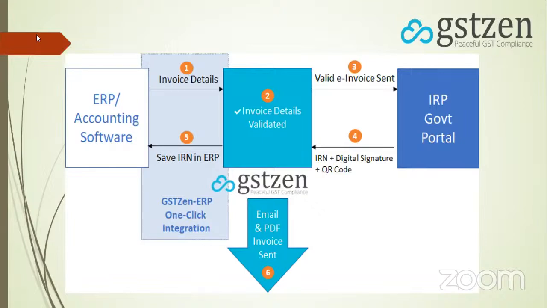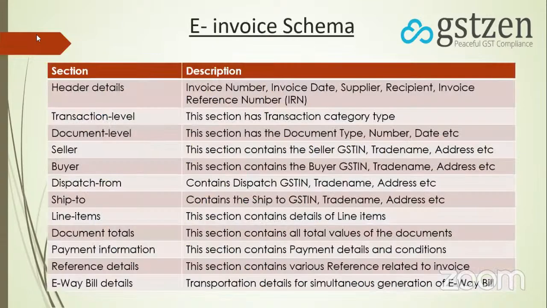So we provide an additional feature where you can enable emailing of the e-invoice as soon as it is generated. You won't have to manually download the PDF and then send it to your buyer. It will be automatically triggered as soon as you generate the e-invoice.